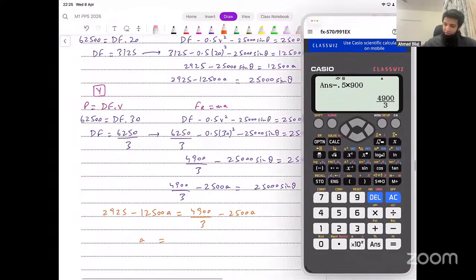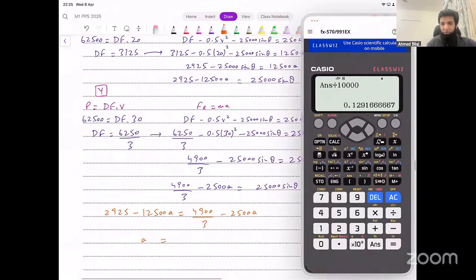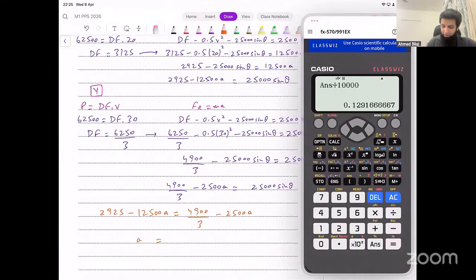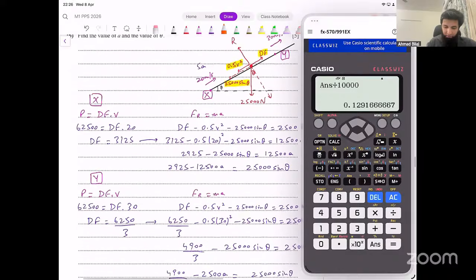So it will be 2925 minus 4900 divided by 3, divided by 10,000. 31 over 240, that's 0.129. Somebody please confirm this calculation. 0.12917. Round it off to three significant figures. They wanted the value for acceleration.